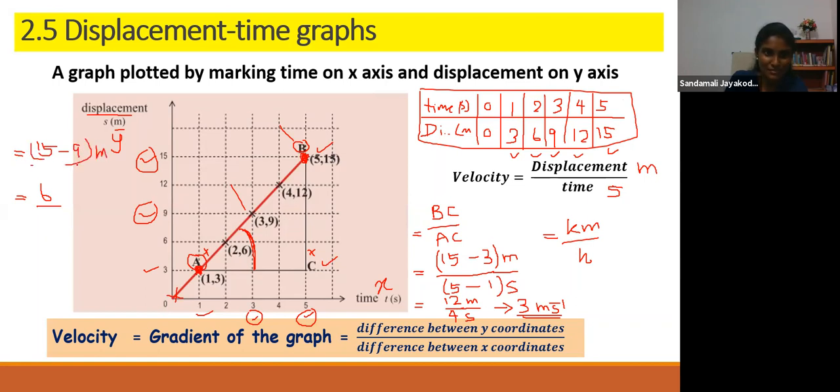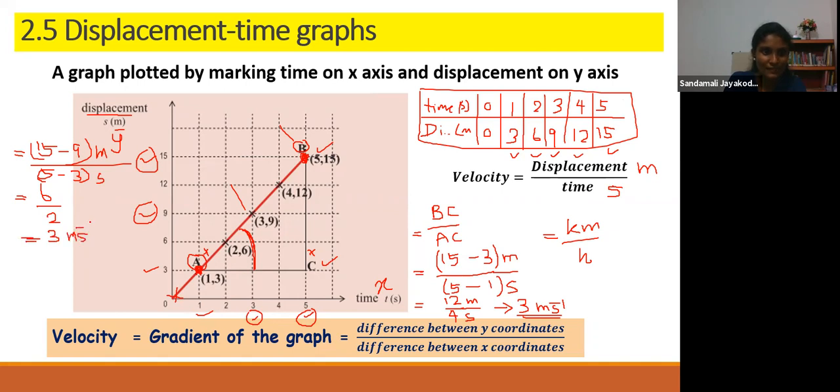Again, the same thing, there's no difference. But I am telling this to show you that it is the same at each point. The gradient is the same at each point. Here 5 minus 3 seconds. Here it is 2. So our answer is 3 meters per second again.